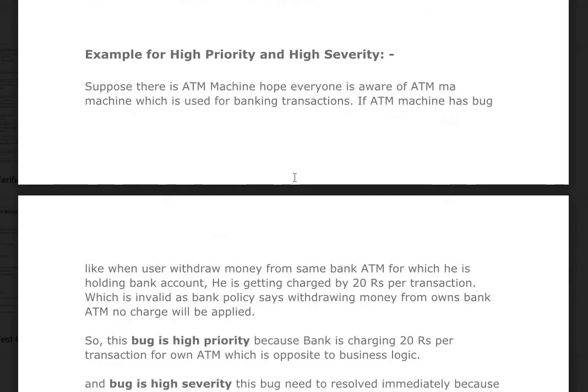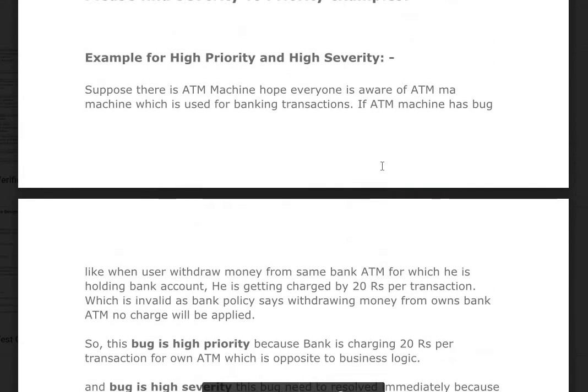So the first example we are considering is of high priority and high severity. What is an example here? Suppose there is an ATM machine, and we are all aware of the ATM machine. In that particular ATM machine there is a bug.